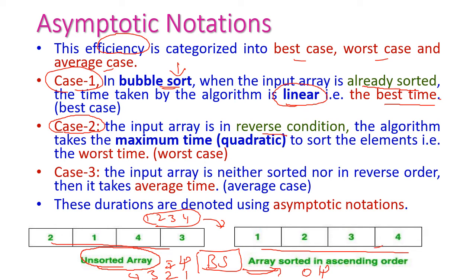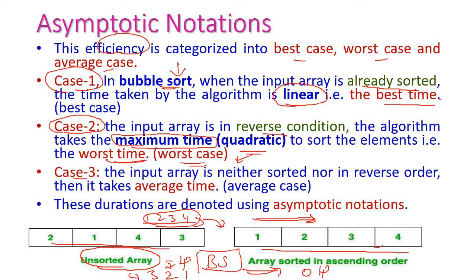So for this, it will take maximum time because the input is in reverse order and the output should be in ascending order. For reversing the entire thing, the algorithm will take maximum time. The time is quadratic to sort the elements, and this time is called the worst time because it takes maximum time to sort the array.